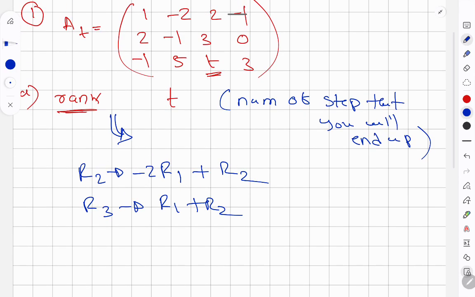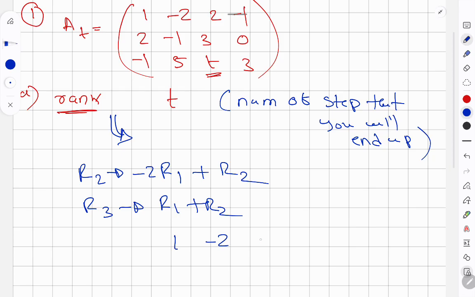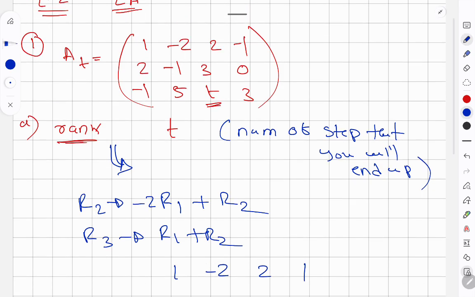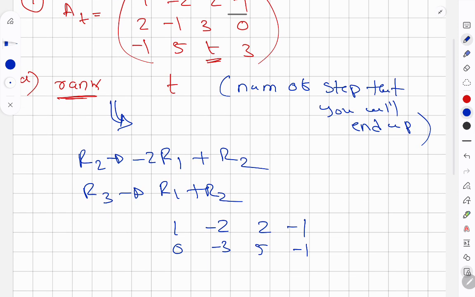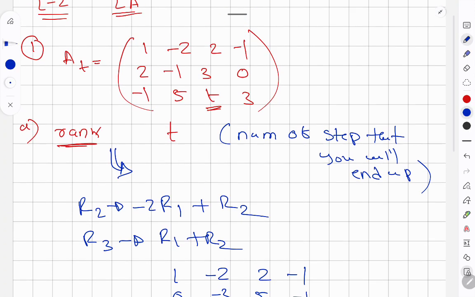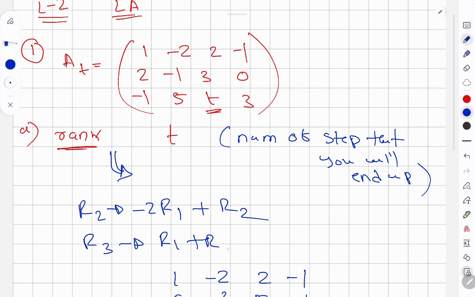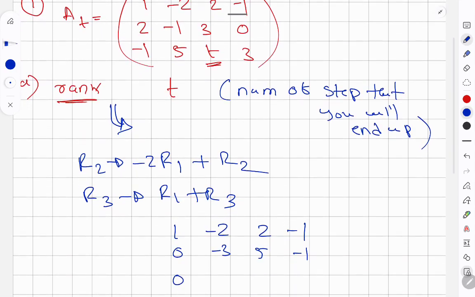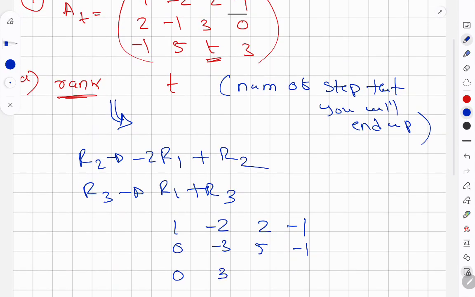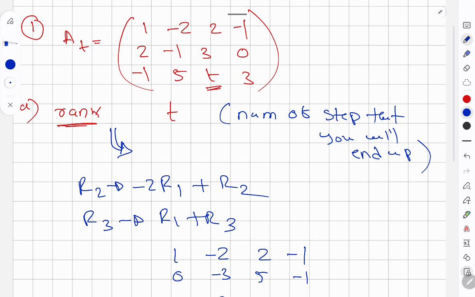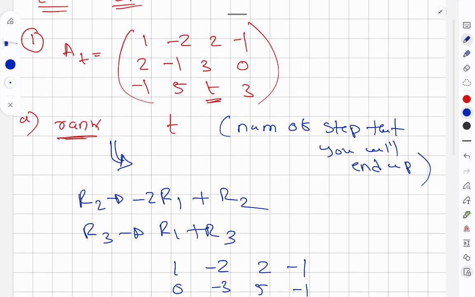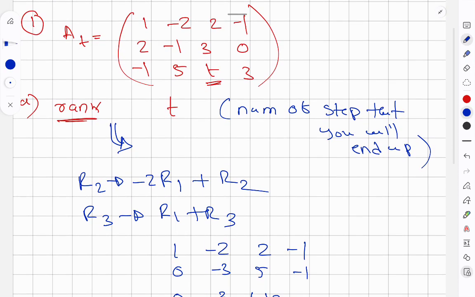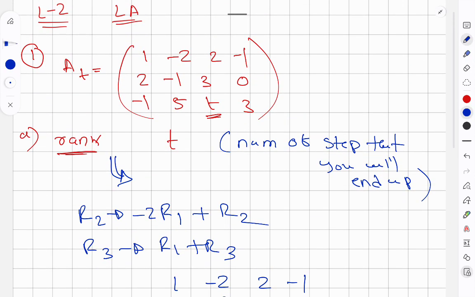If I do that, I will end up with 1, -2, 2, -1, then 0, -3, 5, -1. For R3, this is 0, 3, 3, and 2 plus t plus 2, and here you got 2.